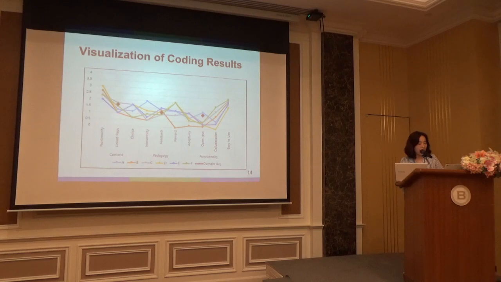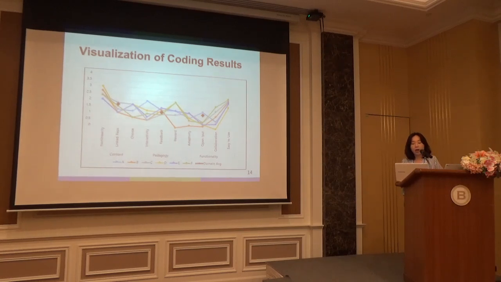Let's talk about some of the details. Among the 10 affordance elements, non-linearity from the content and easy to use in functionality were greater than 2 points, and the other elements of the content aspect, which are linked representation and choice, and all the elements in the pedagogy domain were around the 1 point range.